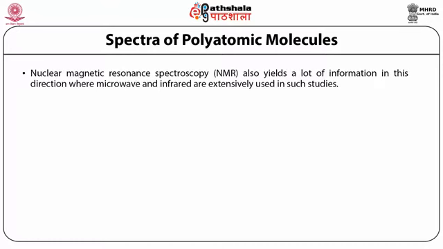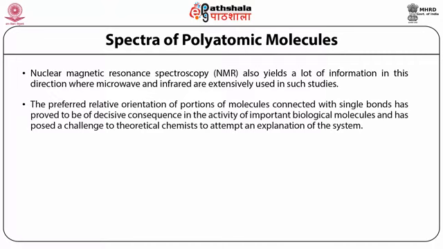There is another type of spectroscopy termed nuclear magnetic resonance spectroscopy, shortly NMR, which also yields a lot of information in this direction, where microwave and infrared are extensively used for such studies.